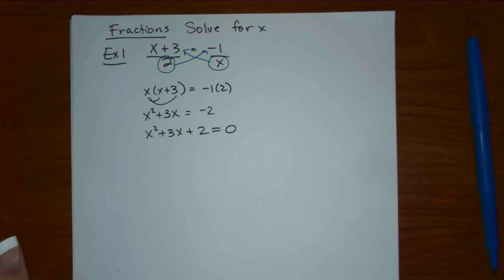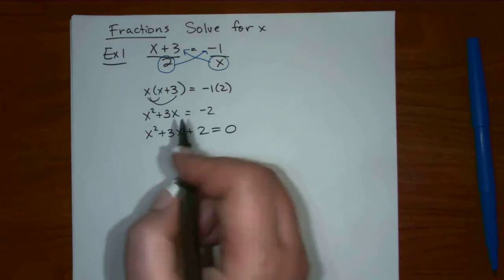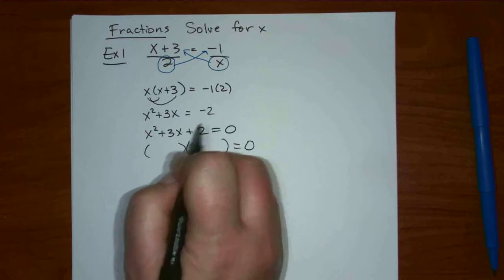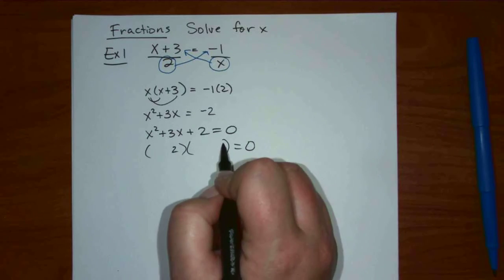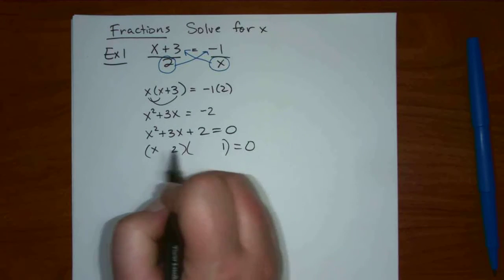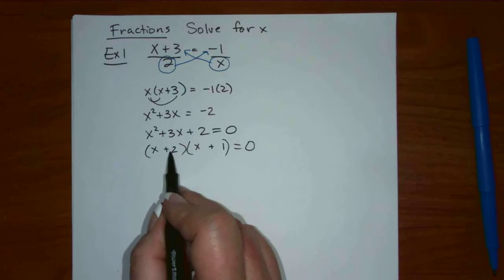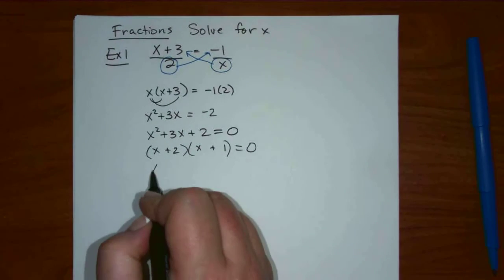Now, does this factor? If it does, good. If it doesn't, quadratic equation. Two numbers that multiply to give 2. 2 and 1. We want them to add to give 3, so they both be positive, and they multiply to give 2, so that's it.